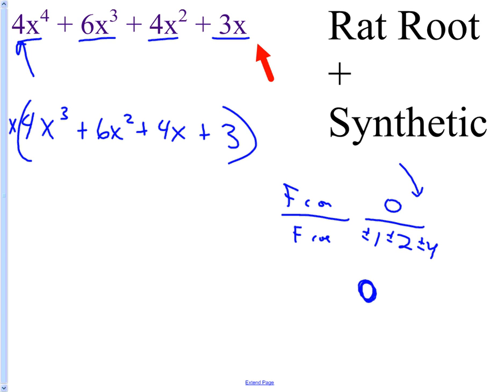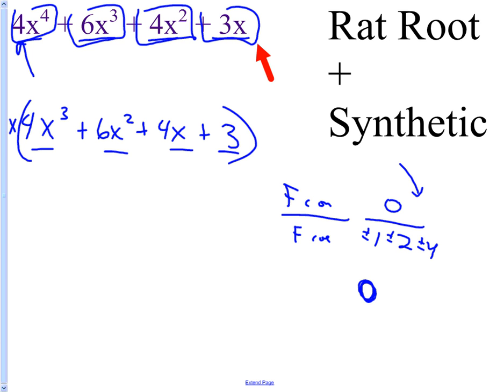And now it was a 1, 2, 3, 4 termer. It's still a 1, 2, 3, 4 termer, but it's a lot simpler because it's got an x factored out to the front. And now these numbers are all smaller, and now I can do factor by grouping.